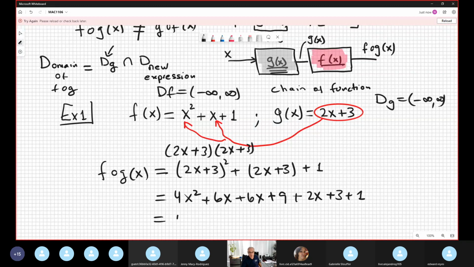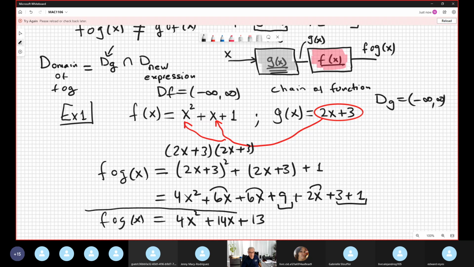Ready to combine like terms and organize in descending order of the degree. 12 plus 2 is 14x, plus 9 and 4, 13. And this is the expression that represents F composition G, and that in this order.